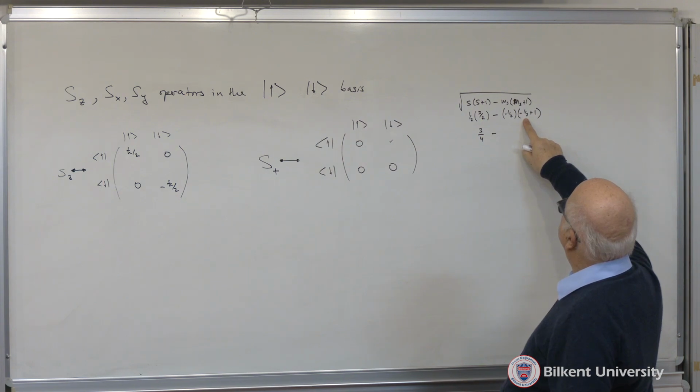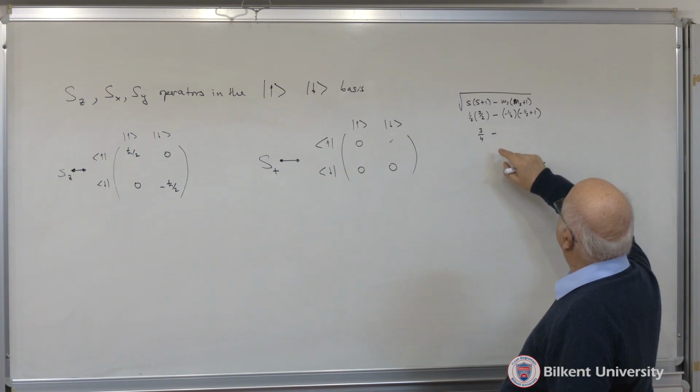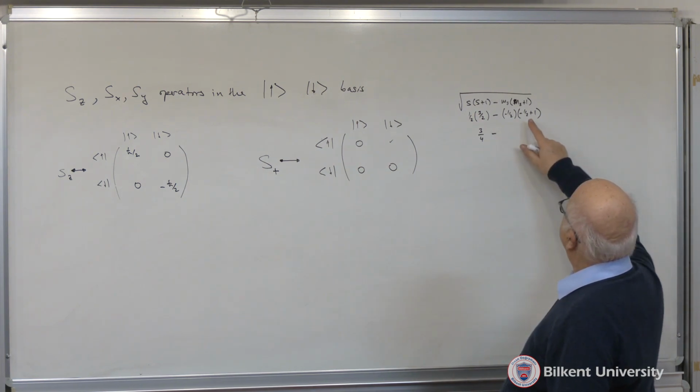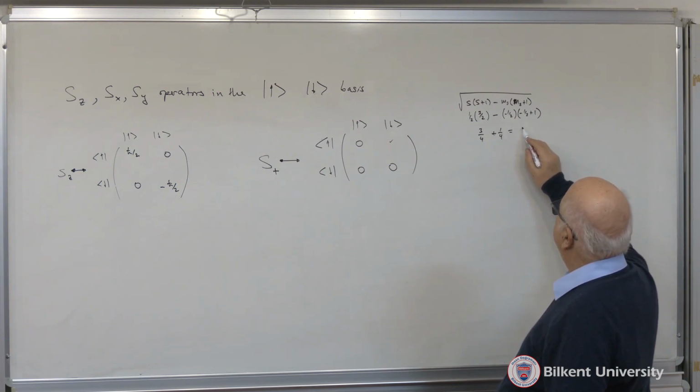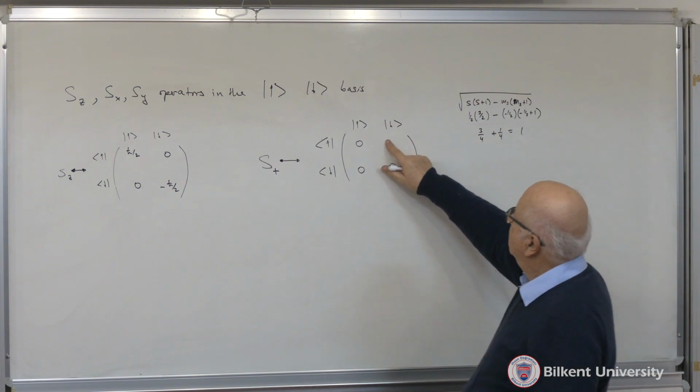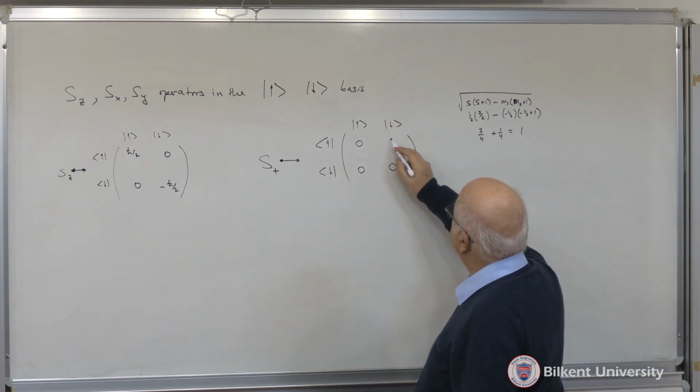So 3 over 4 plus 1 over 4, so it's going to be 1. So after all this struggle, we get just 1 h bar.